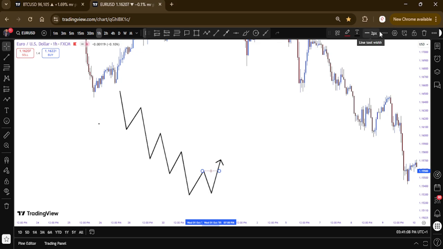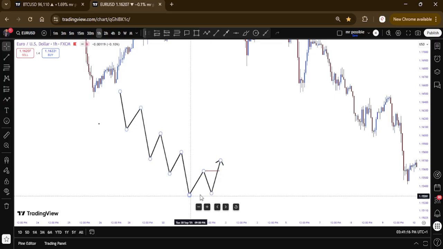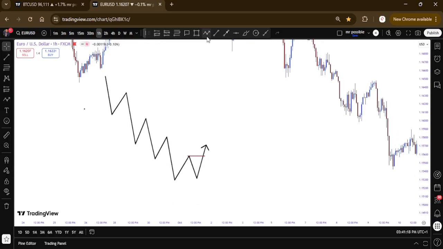The reason is that this resistance here did not break this support. So I will only know that the market wants to just go and take out inducement and maybe come back again. Maybe price might decide to do something like this, take out inducement and continue to drop. Do you understand?